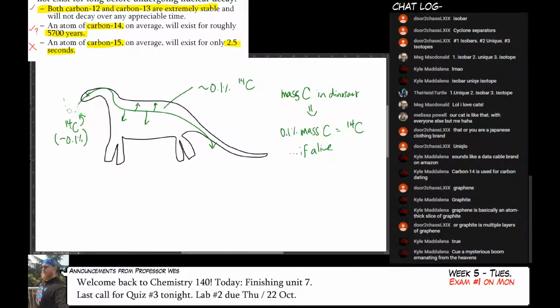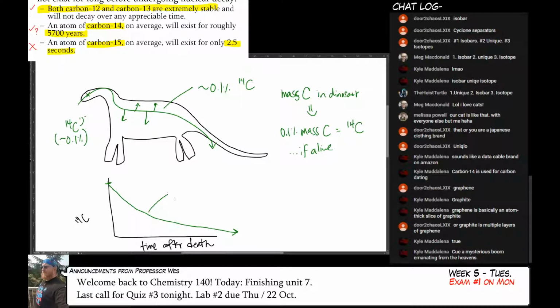He's no longer eating this. And so no more carbon is passing through his body to replace the carbon-14 that was lost. And so after death, the amount of carbon-14 in the dinosaur's body will slowly decay over time. And so, if there was this much carbon-14 in the dinosaur at that point, there will be less and less over time.